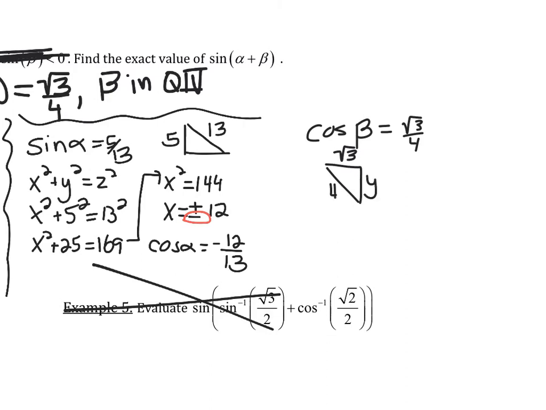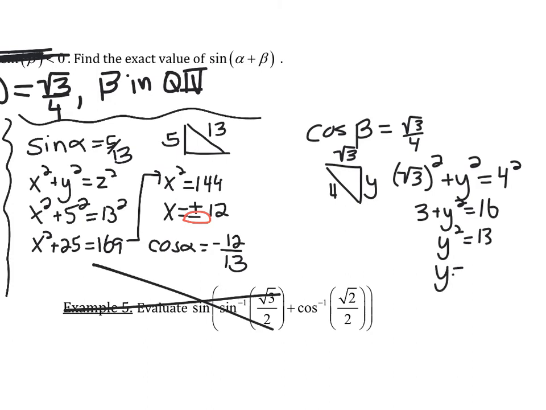Plug it into the Pythagorean theorem, so x squared plus y squared equals r squared. Root 3 squared is 3, plus y squared equals 16. Y squared equals 13, so y is plus or minus root 13. Again, based on our quadrant we choose the minus. And then the sine of beta is the y, negative root 13, all over the radius, which is 4.